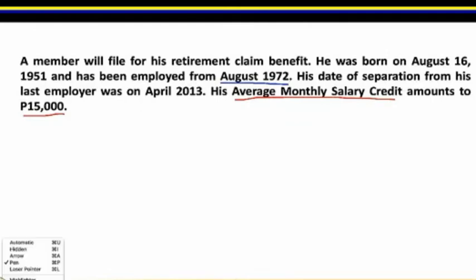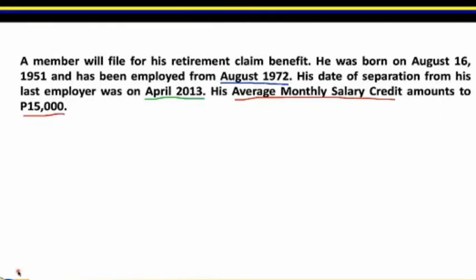We also need to know. So, it states his date of separation was on April 2013. Another important thing to remember is what? The CYS. However, the CYS is not given here, so we have to compute for the CYS, participants, in this case. So how do we compute for the CYS?